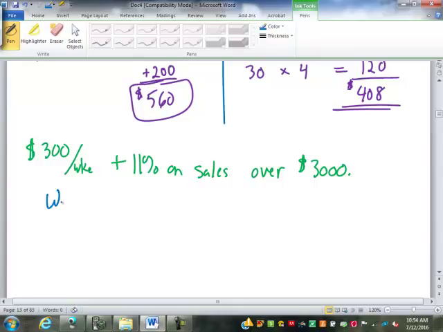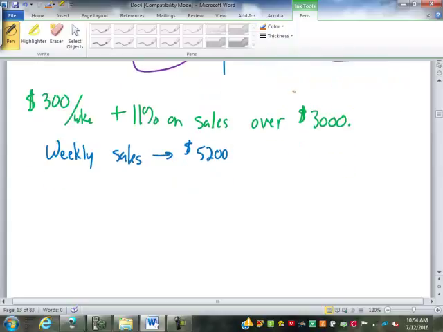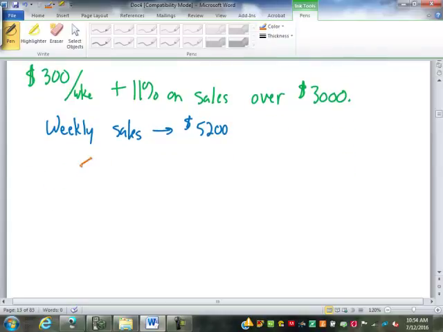So on a week where sales are $5,200, how do we figure out our commission, or how do we figure out our pay? Yeah, $5,200 minus $3,000 gives us $2,200 times 11%, so 0.11.